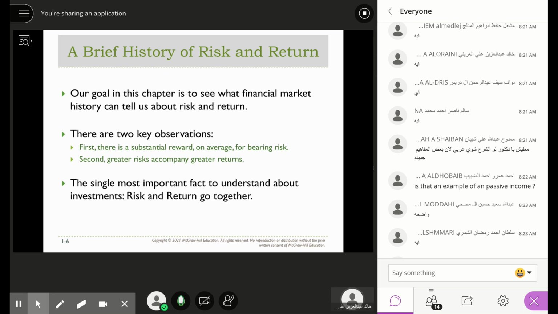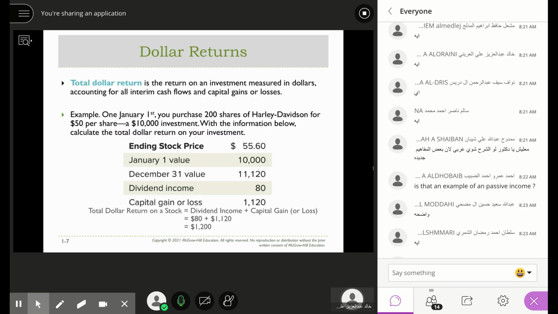If there is an increase in the potential returns, there also should be an increase in the risks. So if we would like to define finance in one sentence, we could say that risk and return go together. And we will see that shortly.